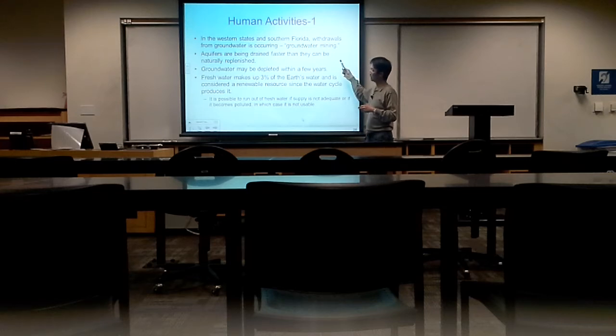In this case, the aquifer storage will be depleted faster than it is being replenished. So it's like economics, you learn input and output, or demand and supply. The demand is faster than the supply for the aquifer. So what will happen? The groundwater may be depleted within a few years.